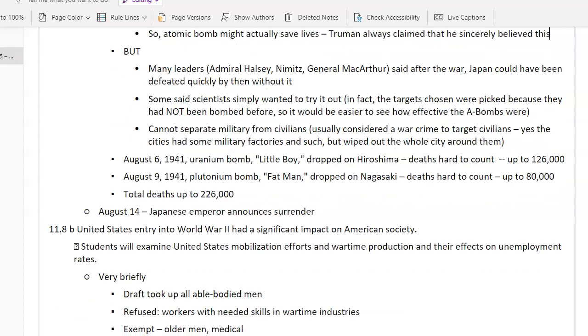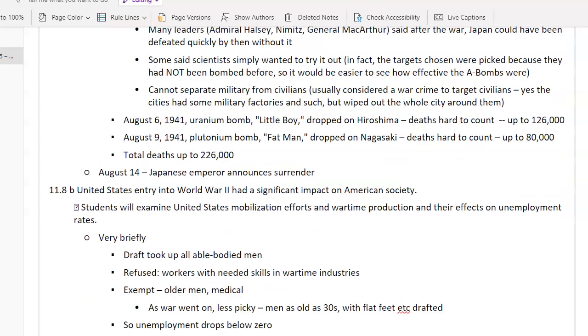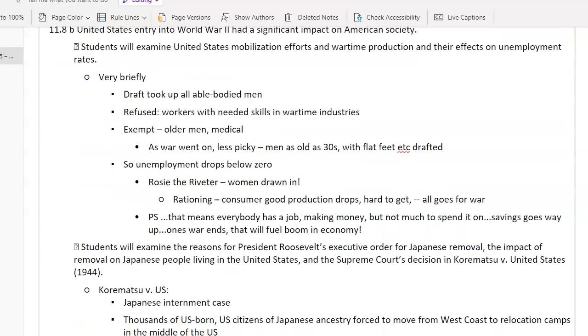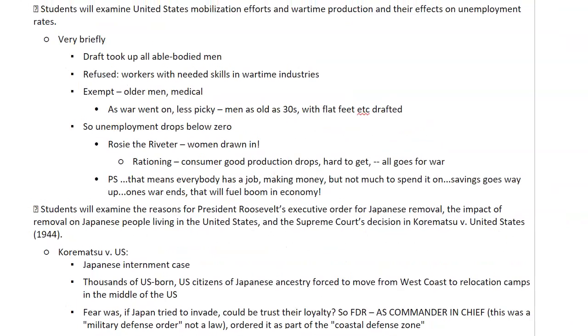Okay. The United States entry into World War II had significant impact on U.S. society. Affects war production and unemployment rates. You bet. Very briefly, the draft took up all able-bodied men. They started with the younger guys, 18, 19, 20s, able-bodied, good shape, and scooped them up. They would refuse to allow workers who had needed wartime skills to enlist.